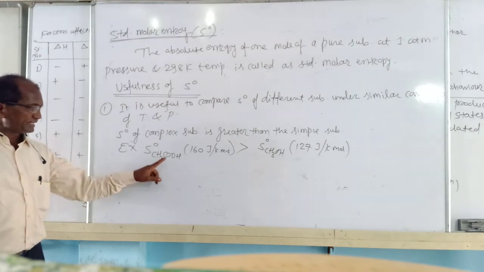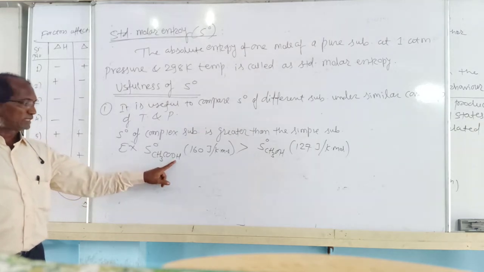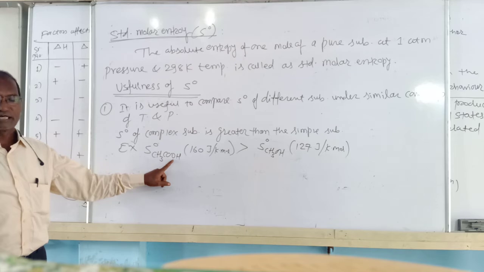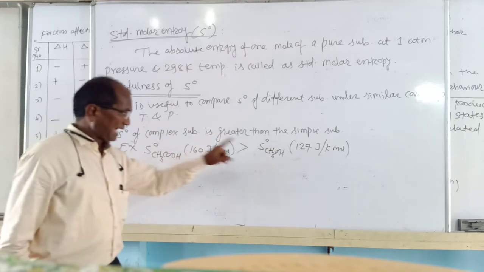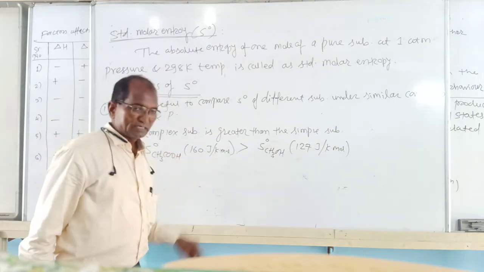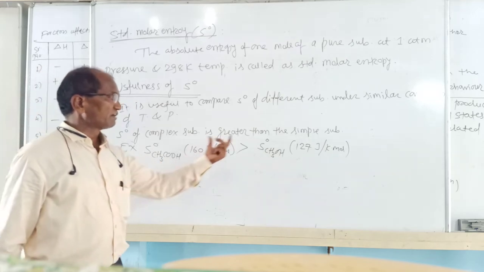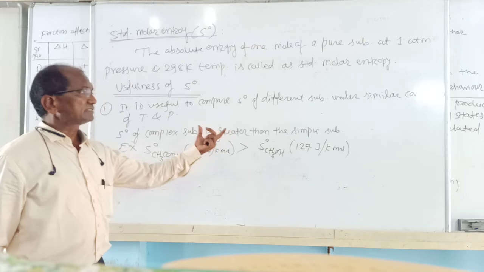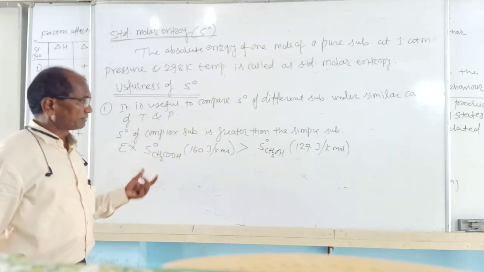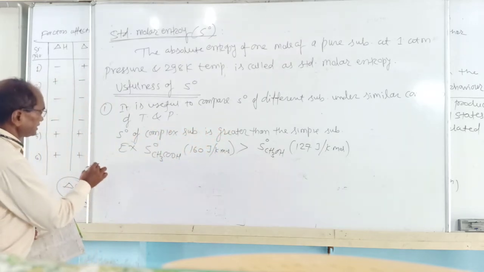Here CH3COOH is more complex, meaning it contains more atoms as compared to CH3OH. Therefore, we can compare the standard molar entropies of different substances under similar conditions of temperature and pressure.